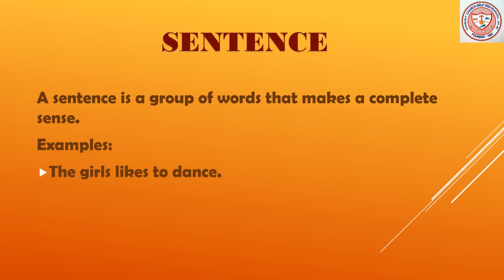Number 1. The girl likes to dance. Here we are getting a group of words which makes a complete sense. So, it will be considered as a sentence. Number 2.